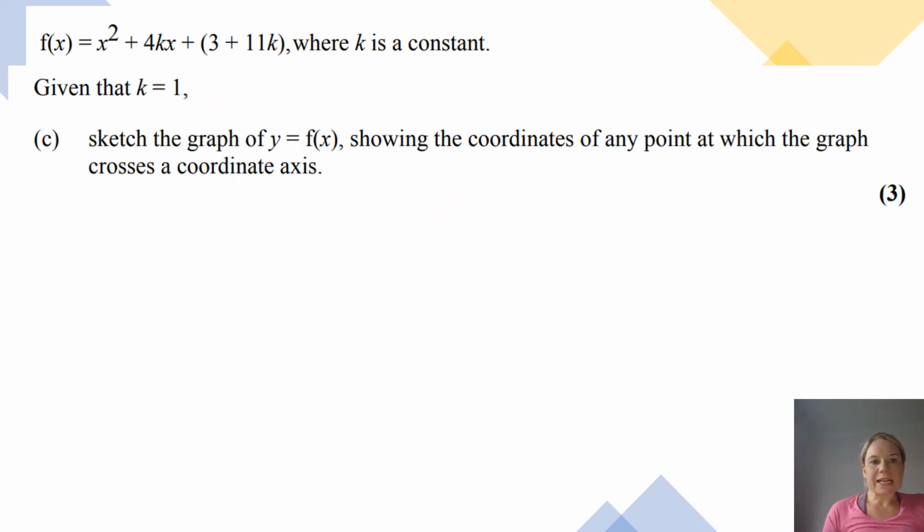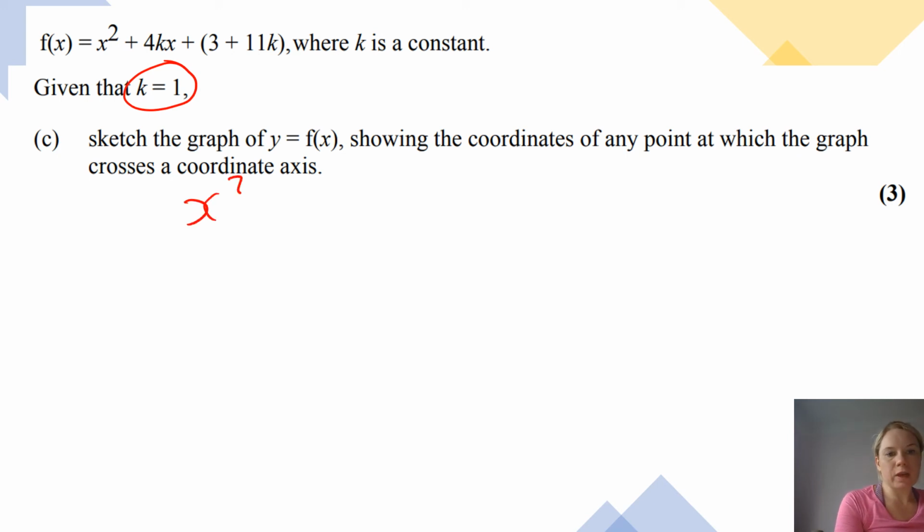Now, it's got another question here. So here is exactly the same. This is actually part C. Given that k equals 1, sketch the graph, show the coordinates of any point at which the graph crosses a coordinate axis. If we substitute, given k equals 1, all I'll do is substitute in k as a value of 1.